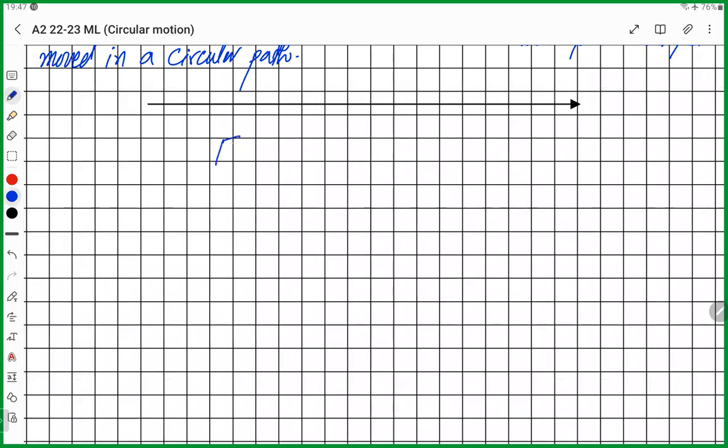Centripetal force is mv square over r. What is centripetal acceleration? Centripetal force is m times centripetal acceleration.